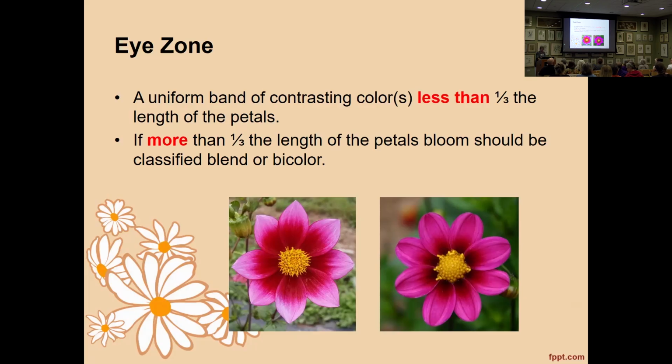So you see these two. The one is definitely more than 1/3. It's probably closer to 2/3. And the other one, the dark red or lavender, is about 1/4 to 1/3.